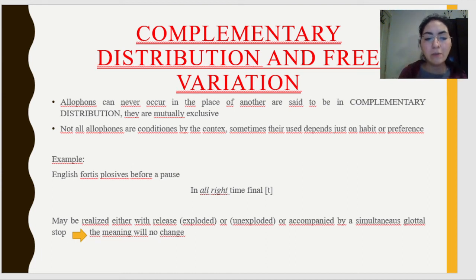For example, English /t/ before a pause, as in the word "alright", when final may be realized either with release, explosion, or unexploded, or accompanied by a simultaneous glottal stop, and the meaning will not change.